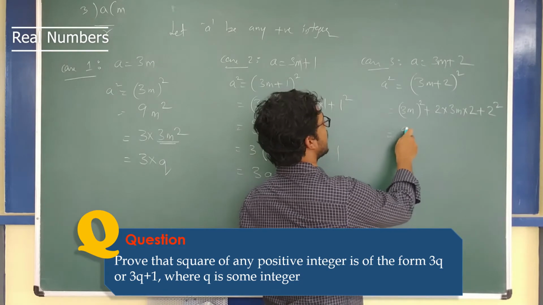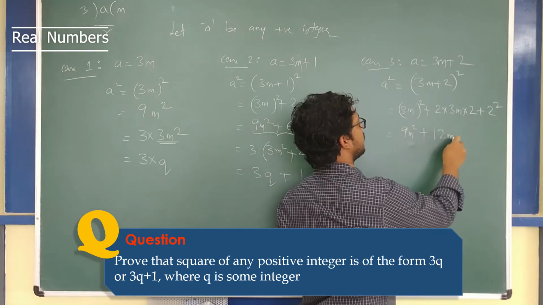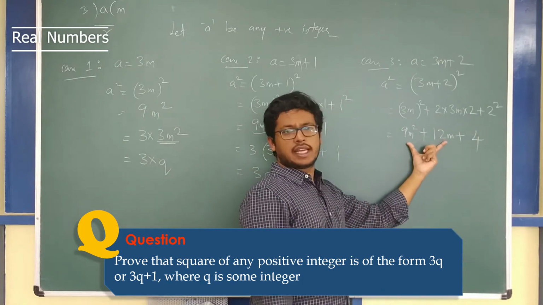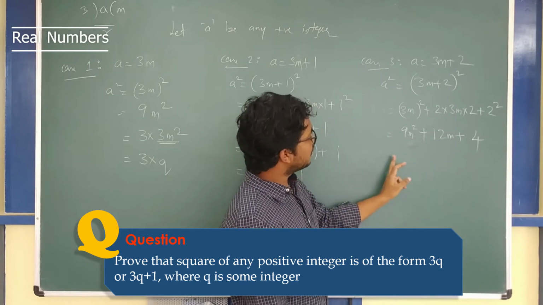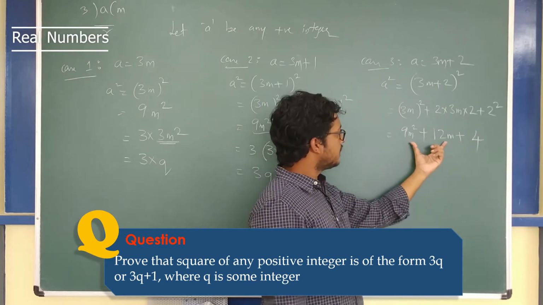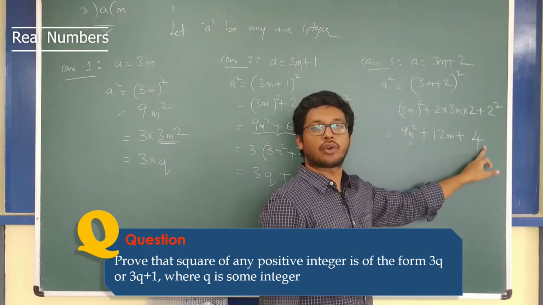Now let's see what happens. 9m square, 3 2s are 6, 6 2s are 12m, plus 4. Interesting. In these two, yes, I can take 3 outside because I want the form 3q plus something. But here I have 4.